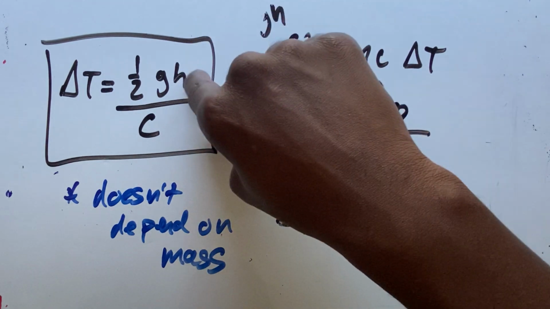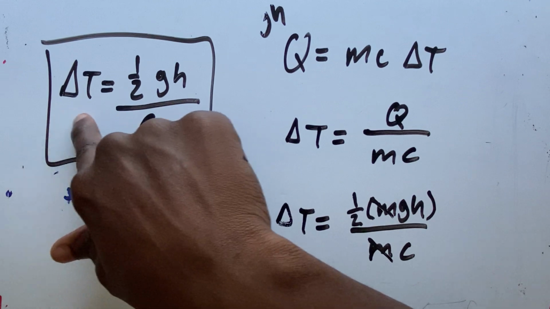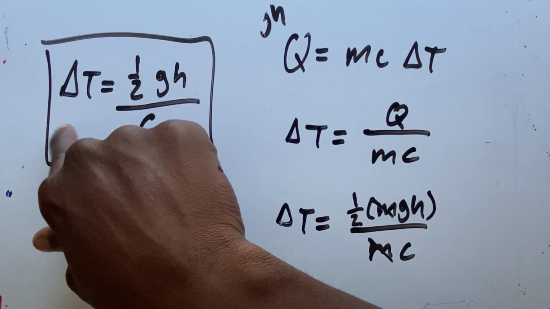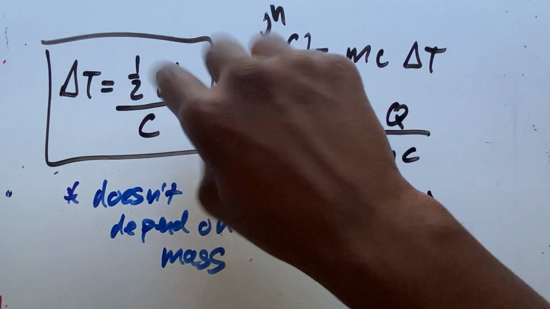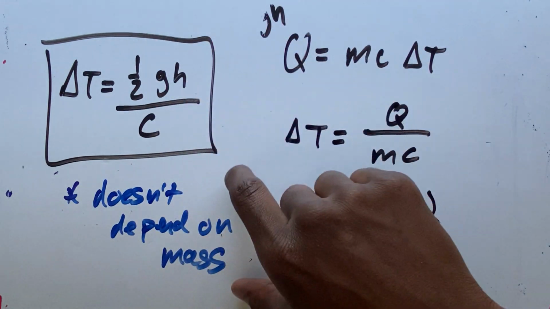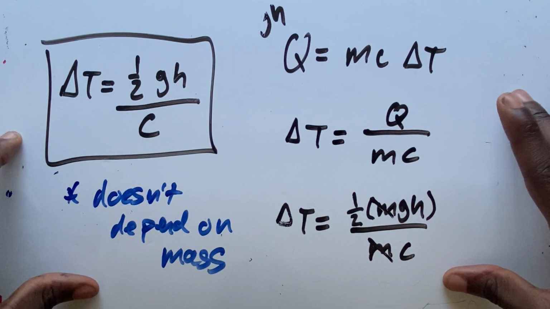So the higher you drop it from, or the higher the H is, the higher the increase in temperature is going to be for that ball. So the height from which you drop it does matter. The mass of it does not matter. All right. So once you get to that question on your master in physics, I hope that makes a little bit more sense now.